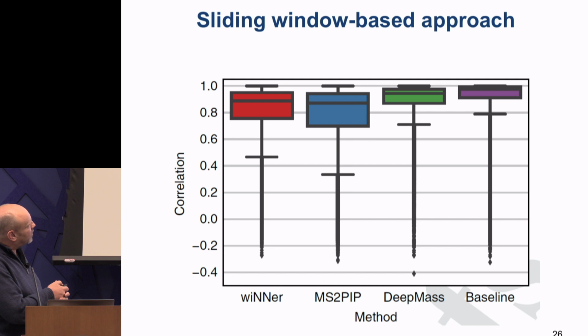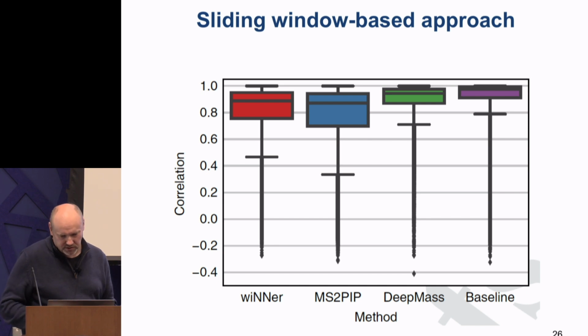It's not quite as good as DeepMass Prism, but it's okay. It's doing well. It's better than the state of the art, not as good as the best. So we can actually do exactly what I said: use this for situations where we want to train in maybe half an hour and not in a week, in the time a MaxQuant run takes.